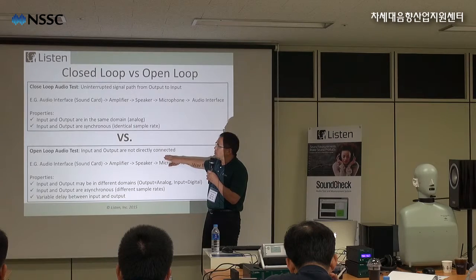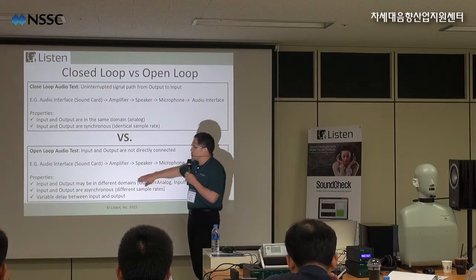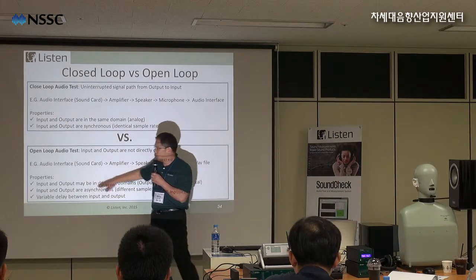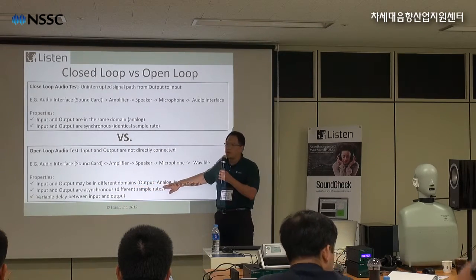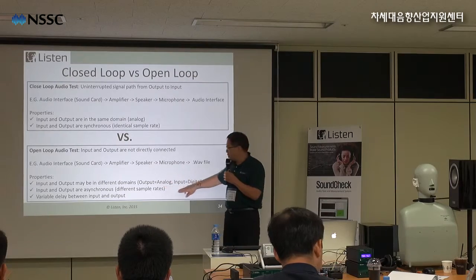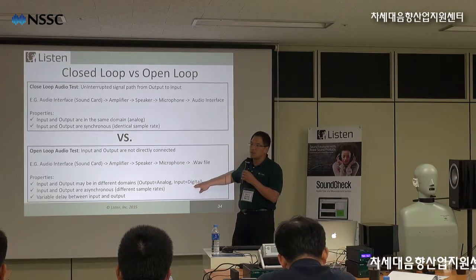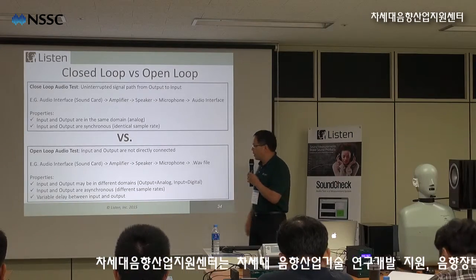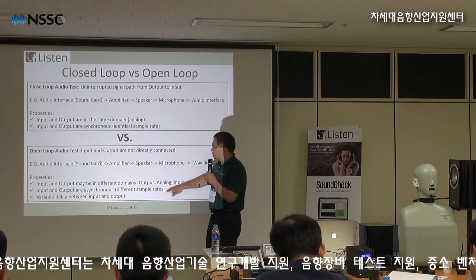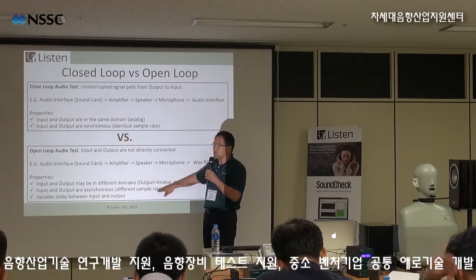However, if you have open loop, the input and output could be in different domains. You could have an output in analog, but your input could be digital, like a Bluetooth speaker. And they could have different crystal clocks in them.